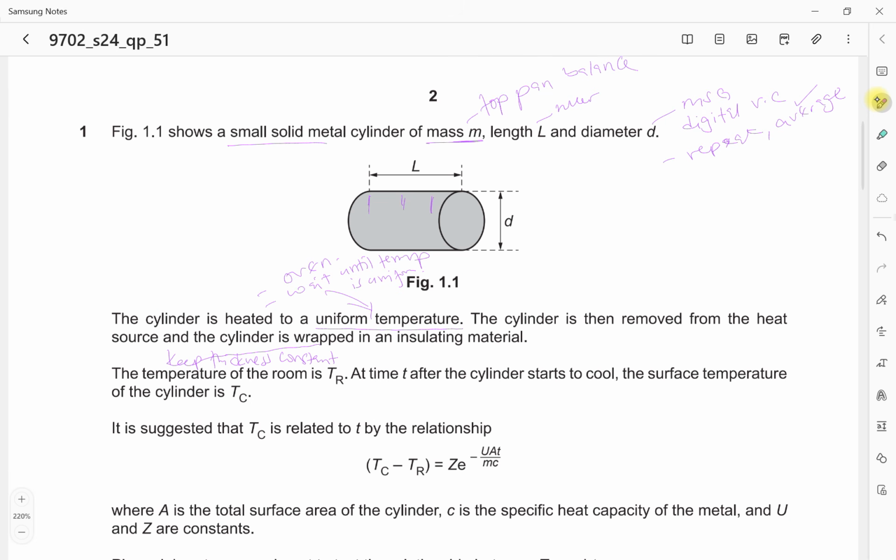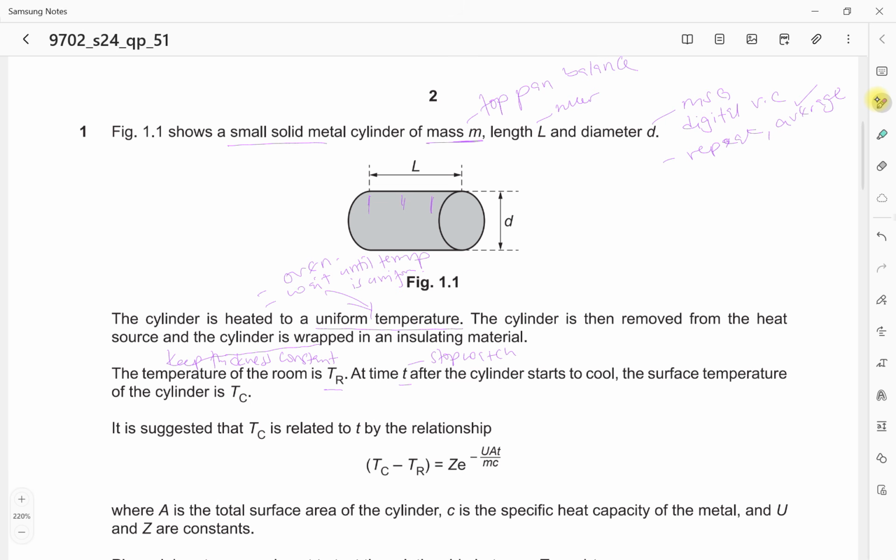Then the temperature of the room is TR. Of course, I will need a thermometer to measure that temperature. A time t after the cylinder starts to cool, I will need a stopwatch to measure that time. So that is another mark. Or instead of a stopwatch, I may use a temperature sensor connected to a data logger.